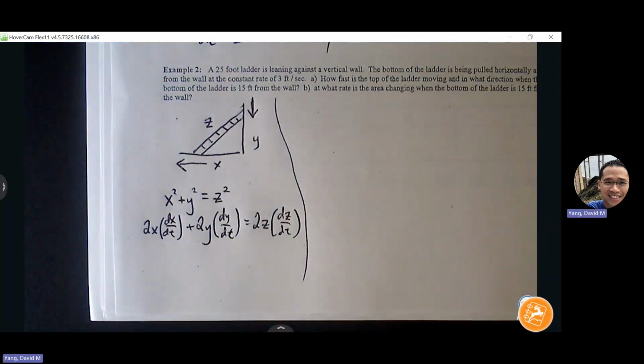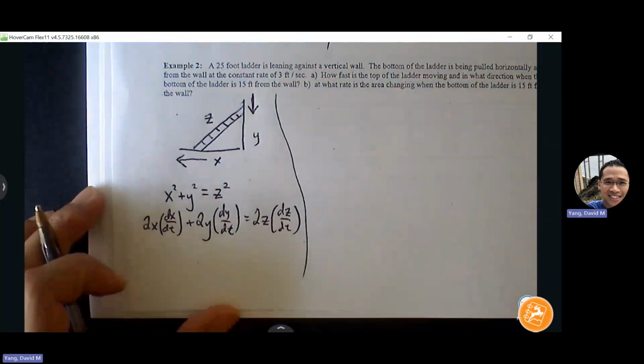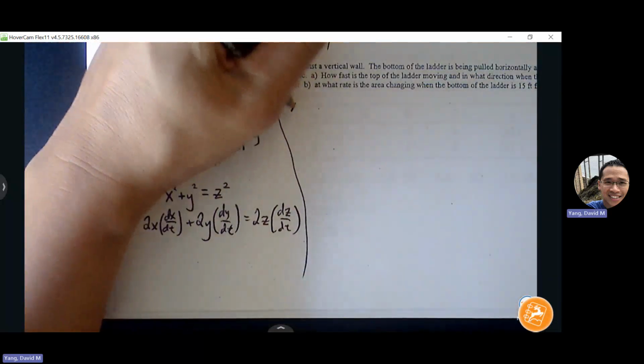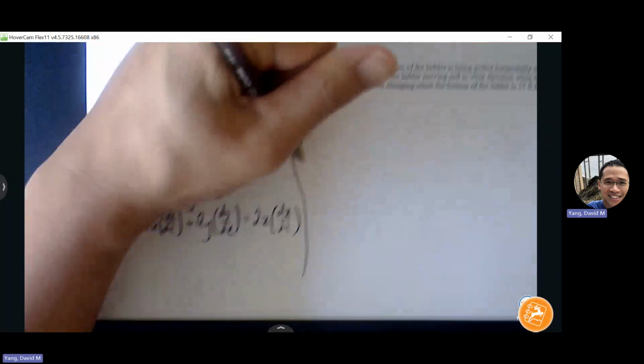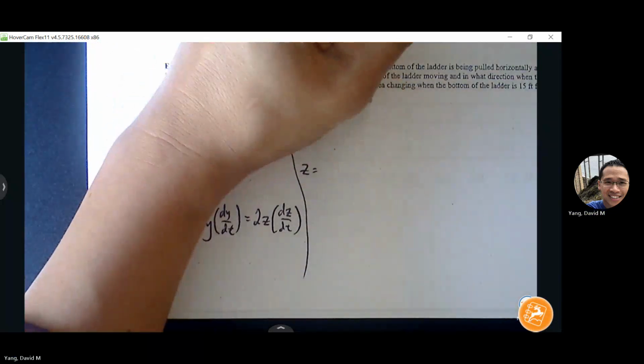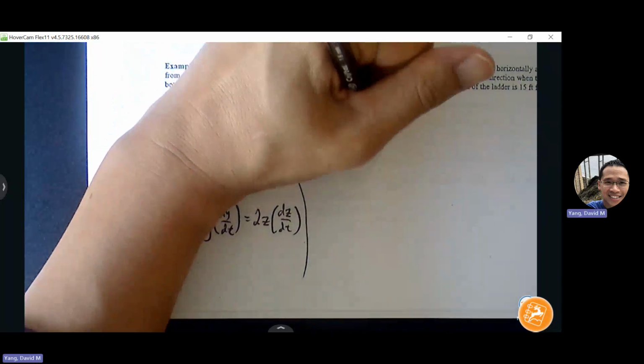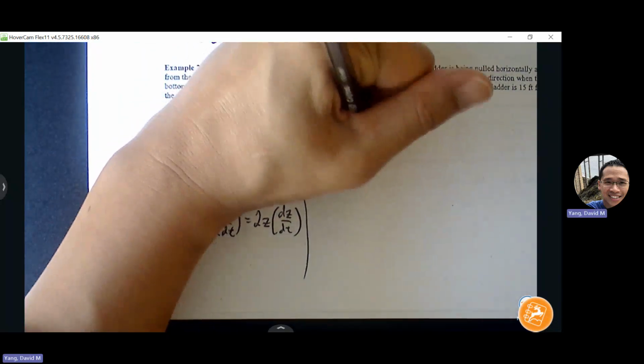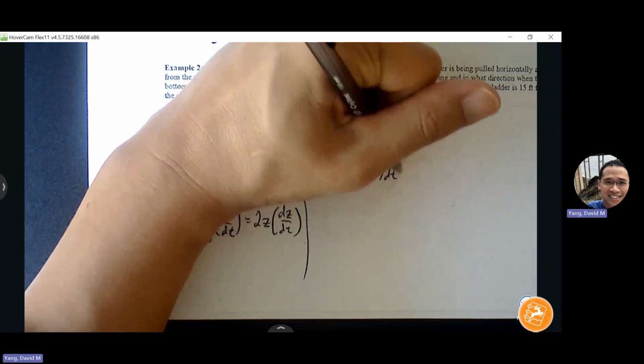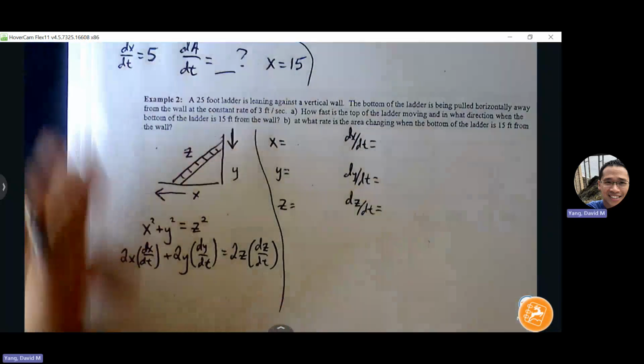Okay, so what I like to do is, there's 6 variables here. I'm just going to try to organize my variables, and then one by one, see what I can do to fill in what I do know.